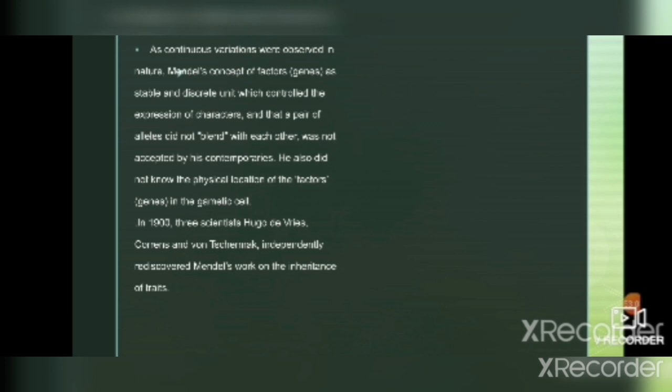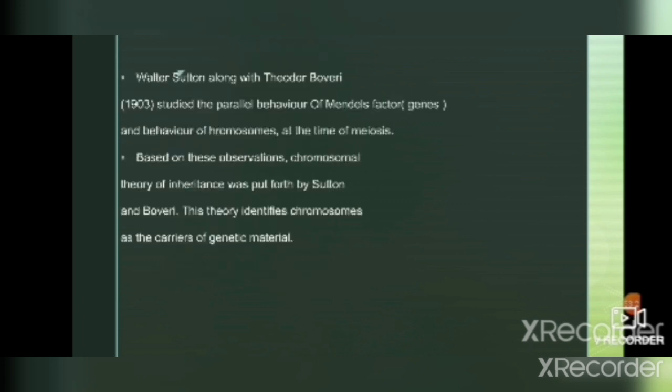He also did not know the physical location of the factors or genes in the gametic cell. In 1900, three scientists, Hugo de Vries, Correns, and von Tschermak, independently rediscovered Mendel's work on the inheritance of traits.